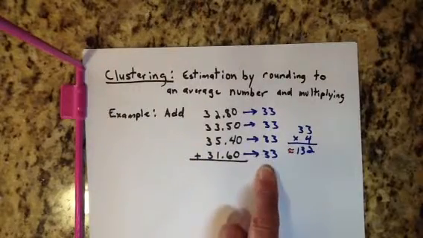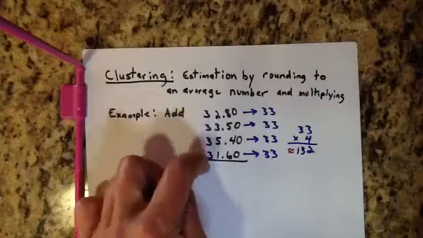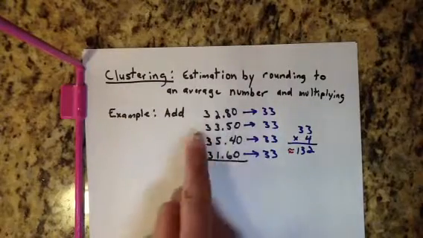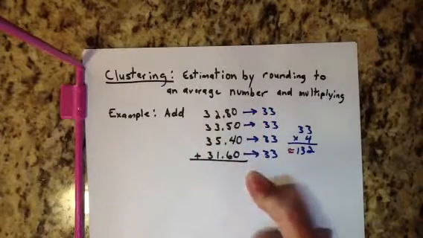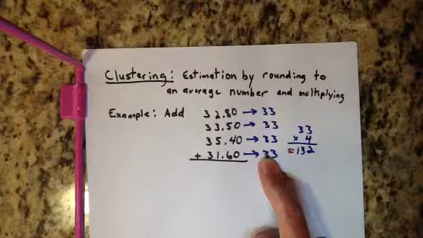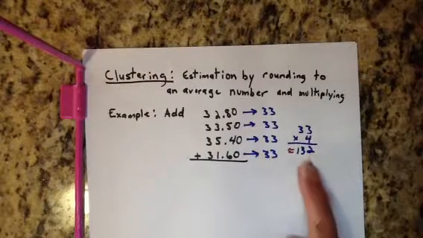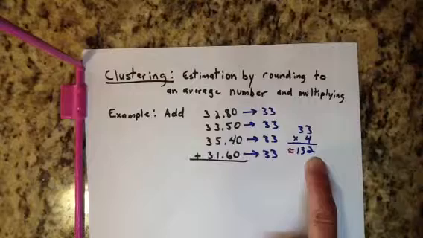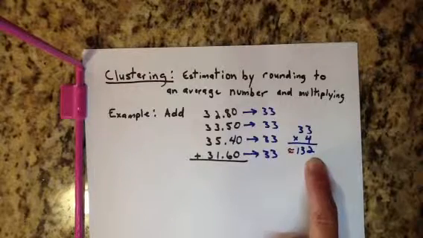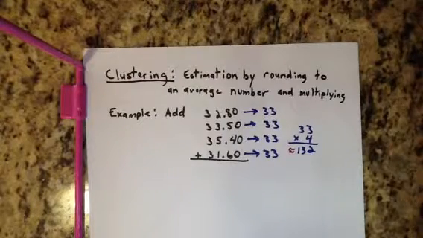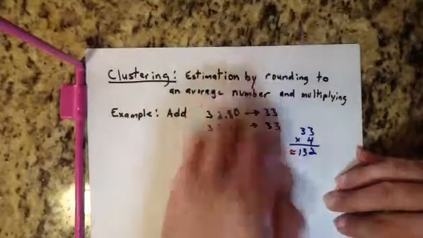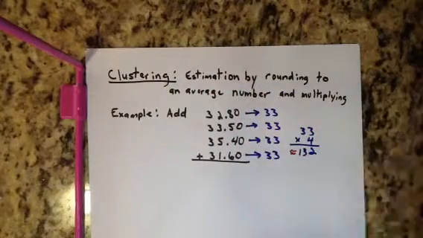And there's 1, 2, 3, 4 values here. So our 33 is what we clustered to, and with 4 values, 33 times 4 is 132. That is what we call clustering. In other words, you cluster to one value and then you multiply that one value.